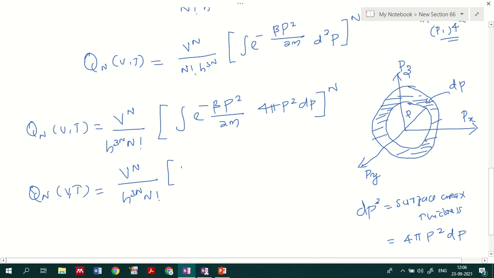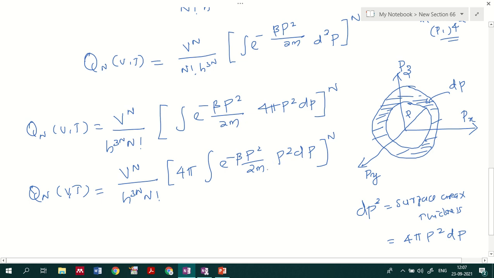I can take 4 pi outside the integral, since it's a constant, so raised to N will be there, and then the integral of e raised to minus beta p square by 2m, p square dp.